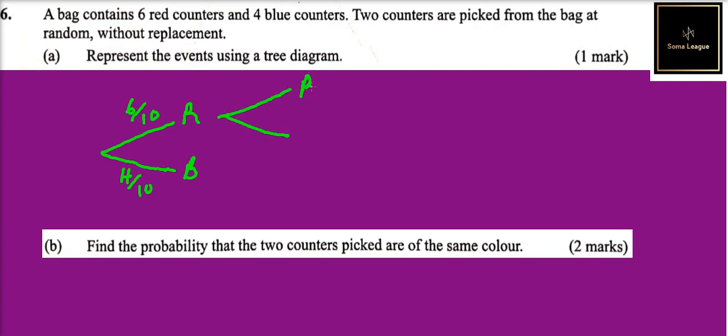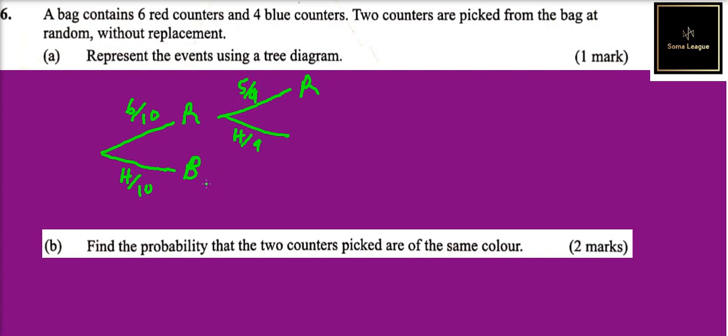You can either take a red, and because you had picked a red in the first pick, the number of red counters is now 5, so it is 5 out of 9, because we have reduced by 1. You had not picked the blue, so it remains 4 out of 9. So we come to the other branch.